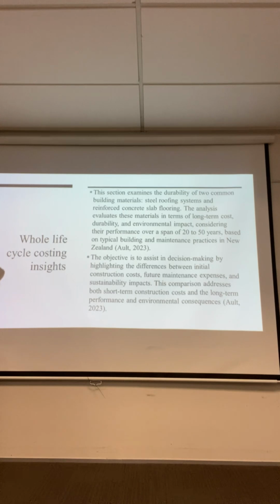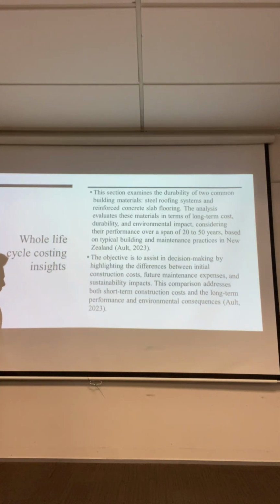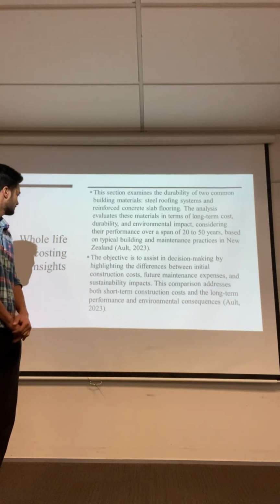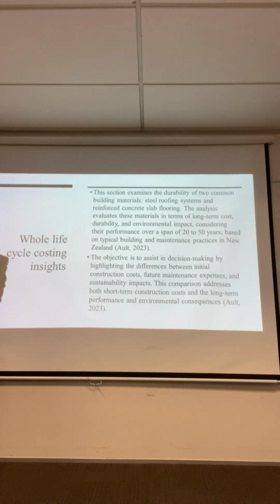The objective is to assist decision making by highlighting the differences between initial construction cost and future maintenance expenses. This comparison addresses both short-term construction costs and the long-term performance and environmental consequences.